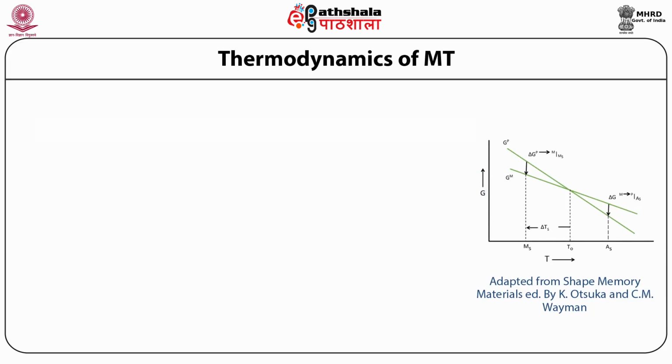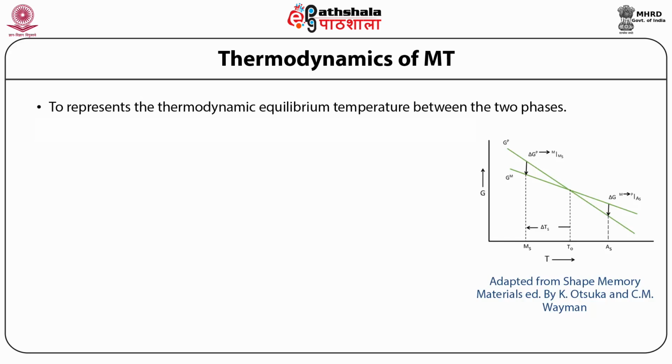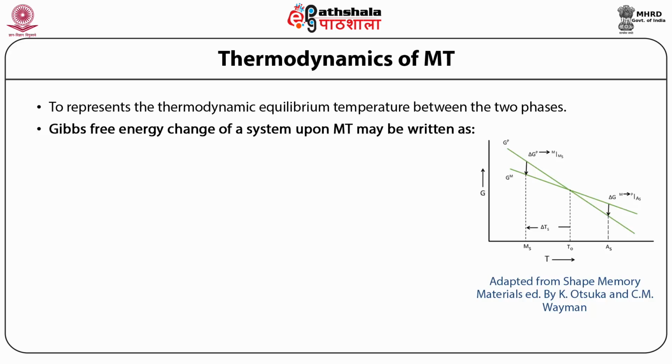Thermodynamics of MT. So we are continuing with the discussion over thermodynamics of Martensitic transformation. So students, to represent the thermodynamic equilibrium temperature between the two phases, the Gibbs free energy is an important parameter.